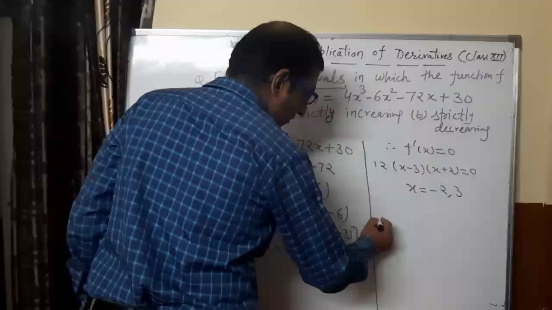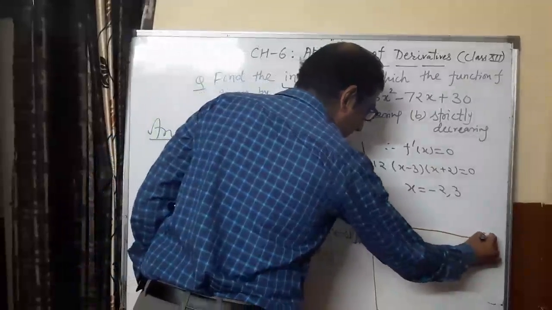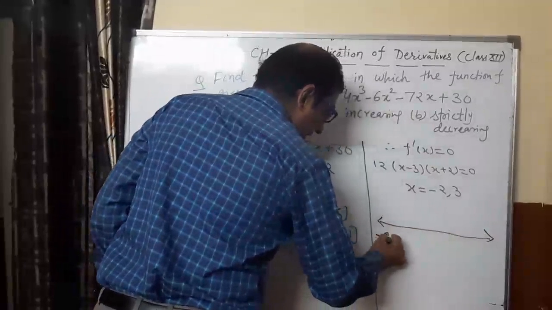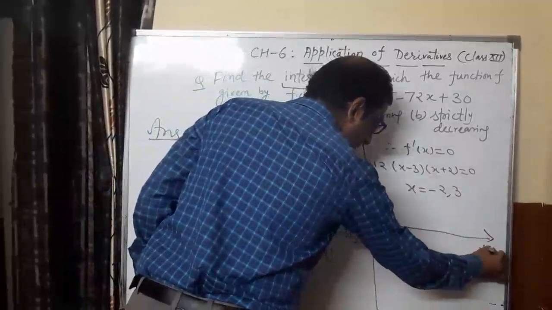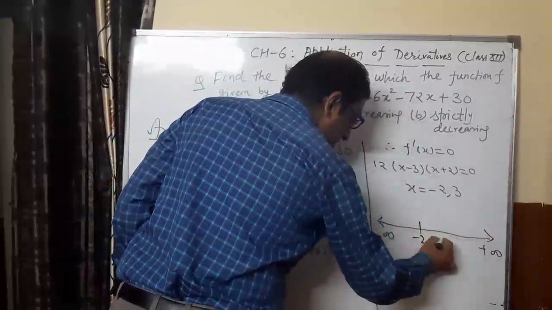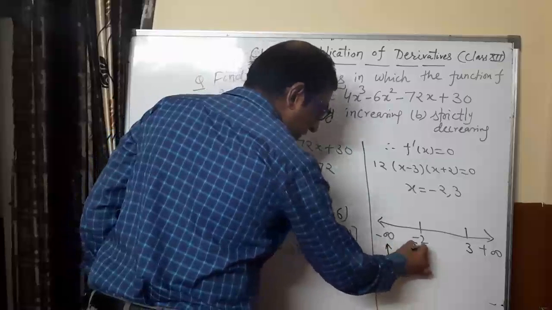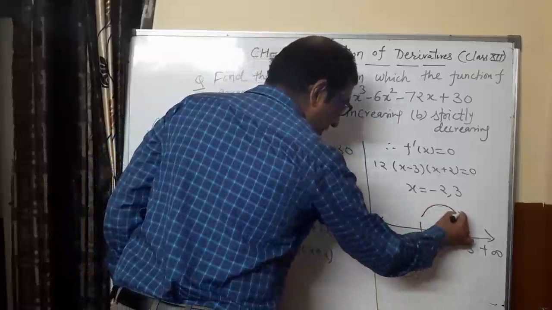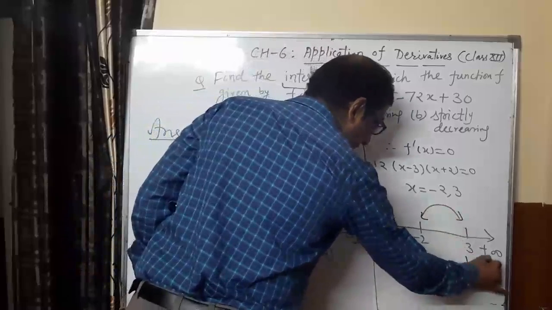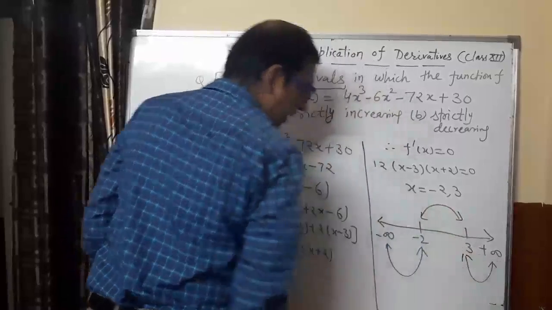After this we will draw a number line. This is minus infinity to plus infinity, and these are the points minus 2 and 3. So the intervals are minus infinity to minus 2, minus 2 to 3, and 3 to positive infinity.